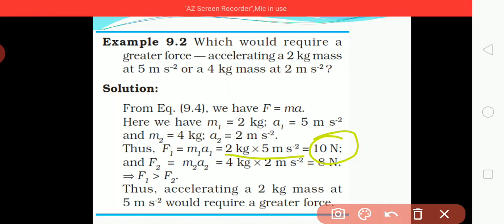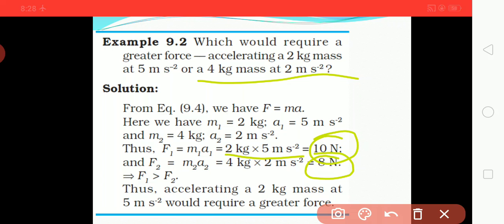In the same way, for the second case, we are given m2 as 4 kg and acceleration a2 as 2 meters per second squared. Finding that, for the first case it will be 10 Newton force and for the second one it will be 8 Newton.